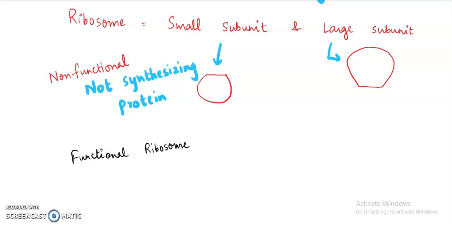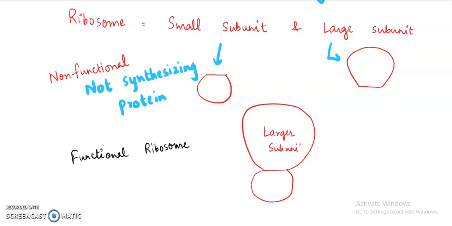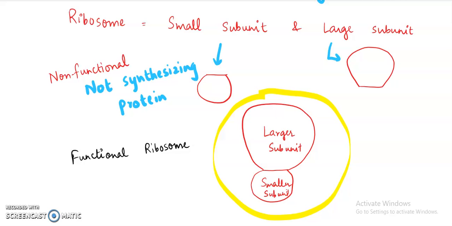So in the functional ribosome, the smaller subunit will be united to the bigger one, and this is mandatory. This is necessary for protein synthesis, that the larger subunit should be joined to the smaller one. Here in this representation, you can see that this is the functional ribosome, because the smaller and larger subunits are joined together.